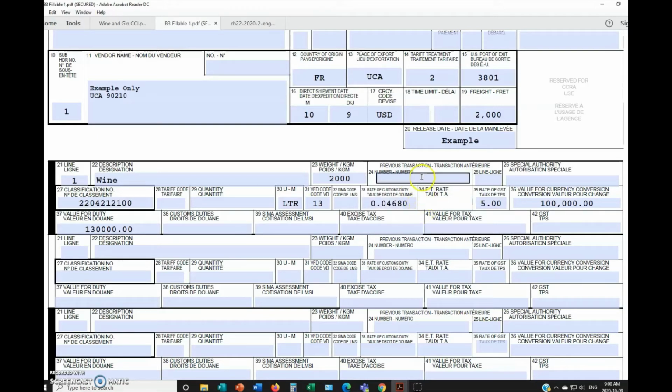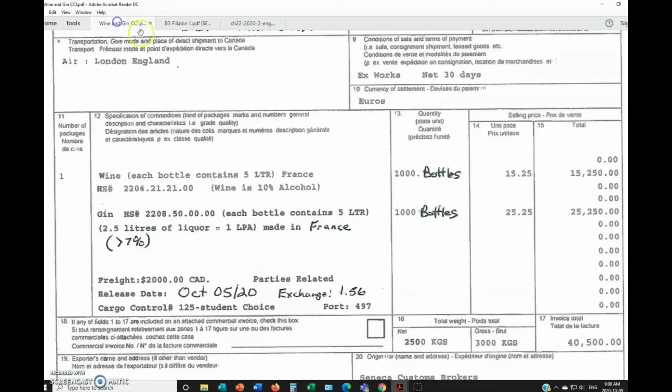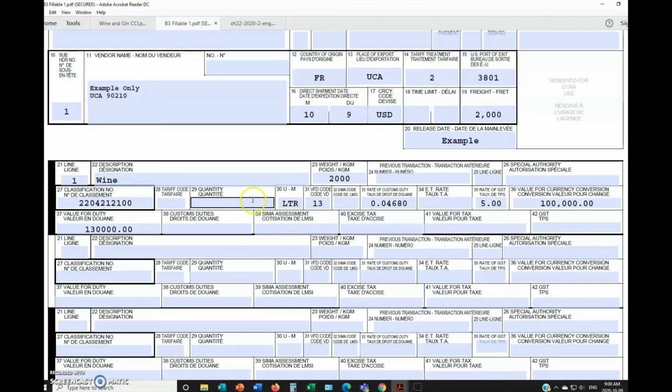Now we need to put in the quantity. We need to know the number of liters of wine. Well, we've got 1,000 bottles, and each bottle contains 5 liters. So you're going to put the quantity in there. You're going to multiply the rate of customs duty times the quantity, and you're going to get the customs duty.